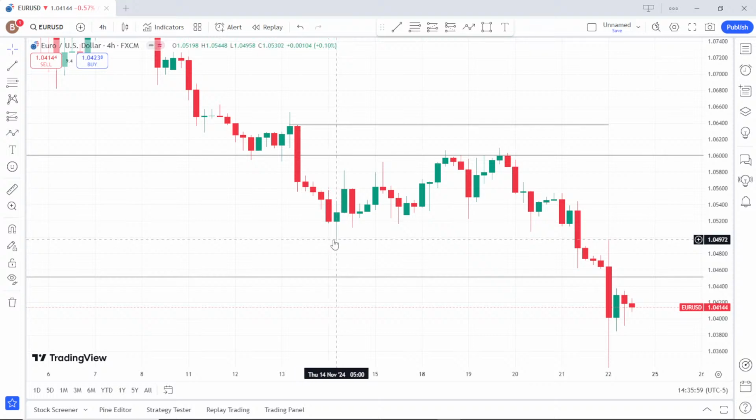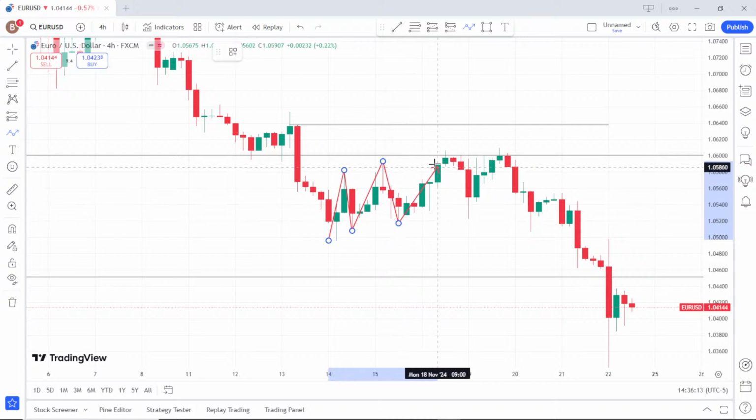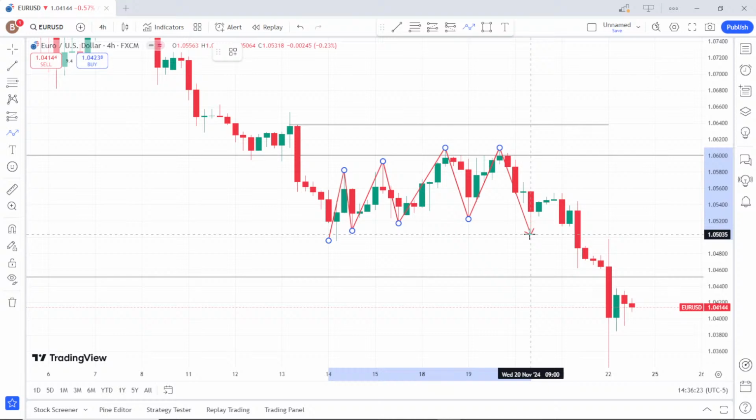So if we map out the pathway from here, we can safely say this is an uptrend that was retraced into, then the retracement leg, that's the expansion, then the retracement, then another expansion here, then a retracement, then another expansion, then a reversal of that expansion leg.